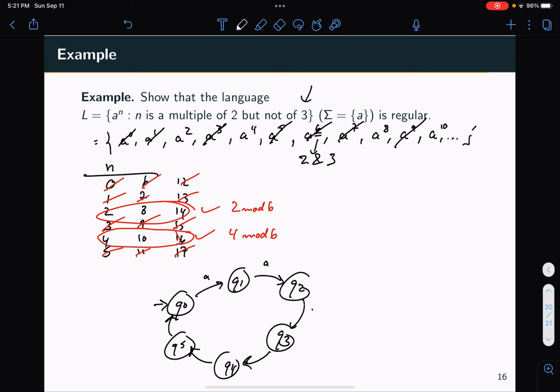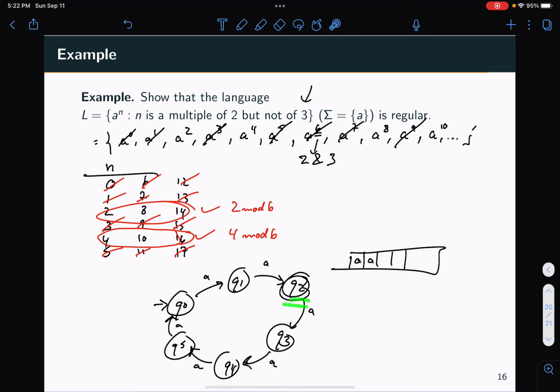And I read A's. So imagine I have, on my input string, AA, so I have 2 A's. Then I start at Q0, I read an A, I go to Q1. I'm at Q1, I read an A, I go to Q2. And so I should accept this, because 2 is a multiple of 2 and not 3. So this should be an accept.